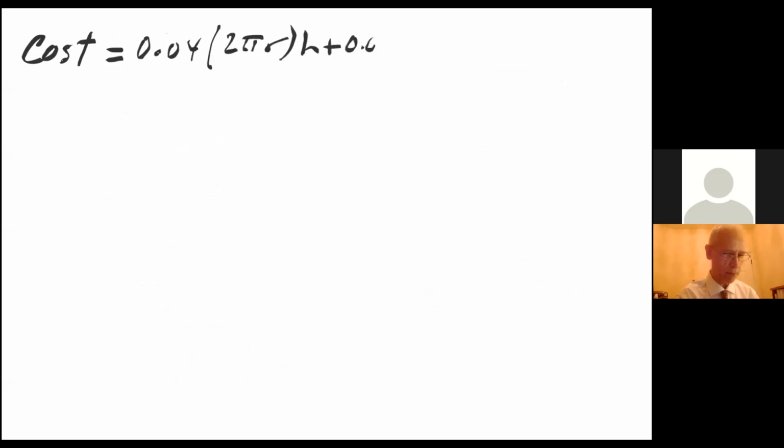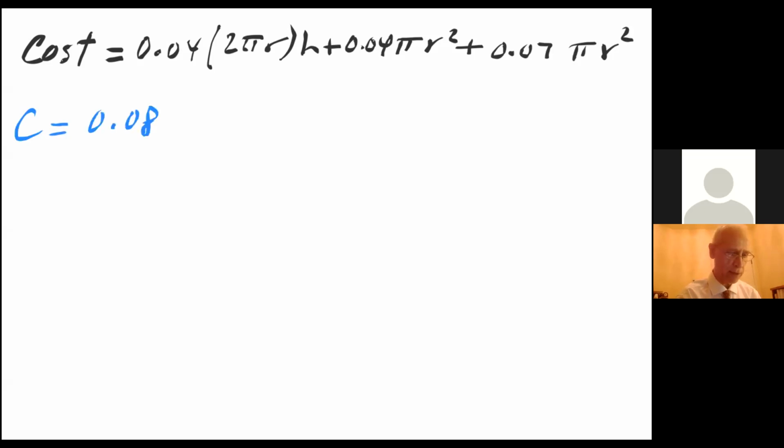And so I have cost equals, we had 0.04 times 2 pi r h plus 0.04 pi r squared plus 0.07 pi r squared. Let's simplify this. So now I have cost equals 0.04 times 2 gives me 0.08 times pi times r.